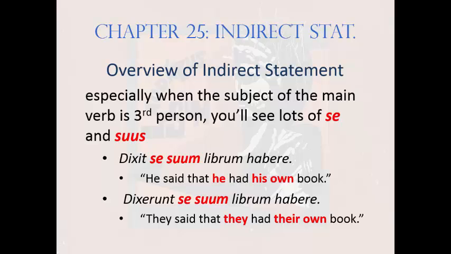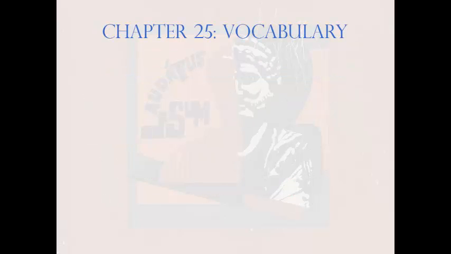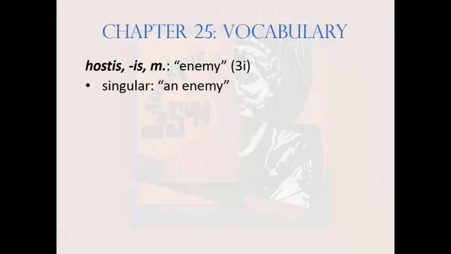And the teacher says that it's now time to move on to the vocabulary for chapter 25. The first word is hostis, masculine, meaning enemy. It's a third declension I-stem noun. It's parasyllabic. In the singular, this word means an enemy. In the plural, it means the enemy.